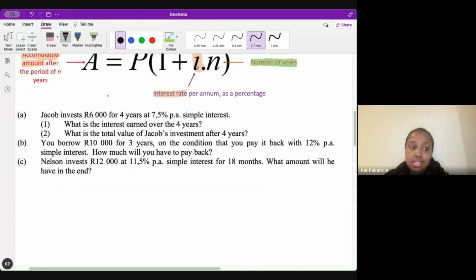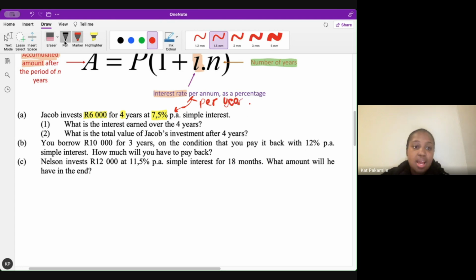So the first one says, Jacob invests 6,000 rands for 4 years at 7.5%. What does this PA stand for? Per annum, okay? It's the same thing as this over here. So it means per year, basically. Annum means per year.